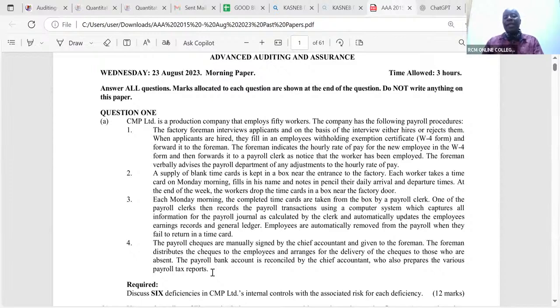So they want us to discuss 6 deficiencies in CMP Limited's internal controls with the associated risk for each deficiency. So, ladies and gentlemen, you just allow me to read the answers here because already I've discussed most of that.